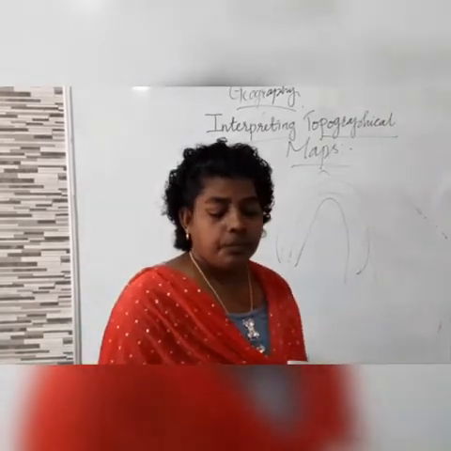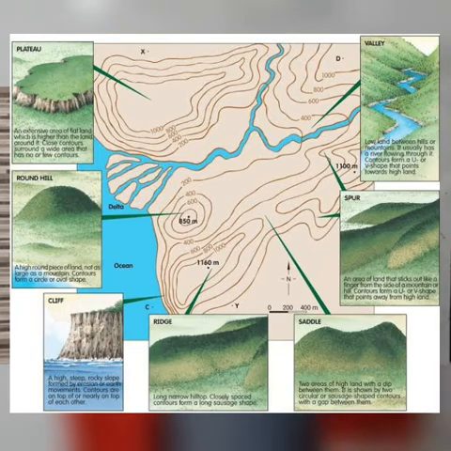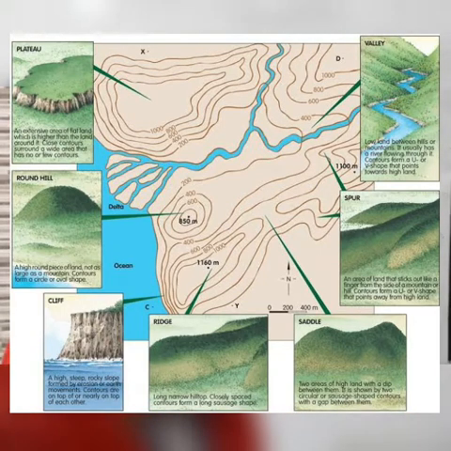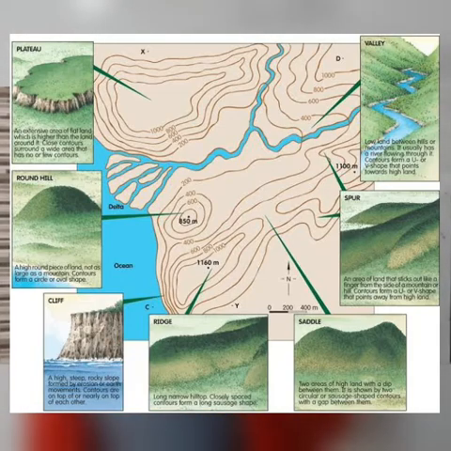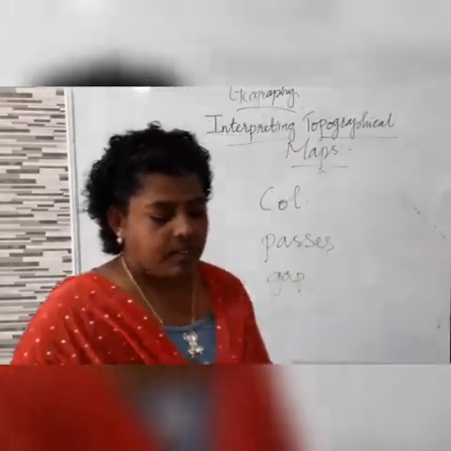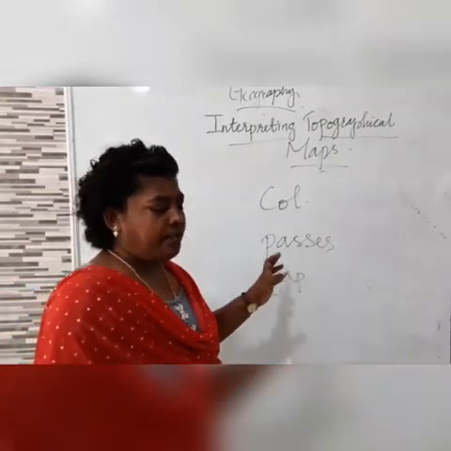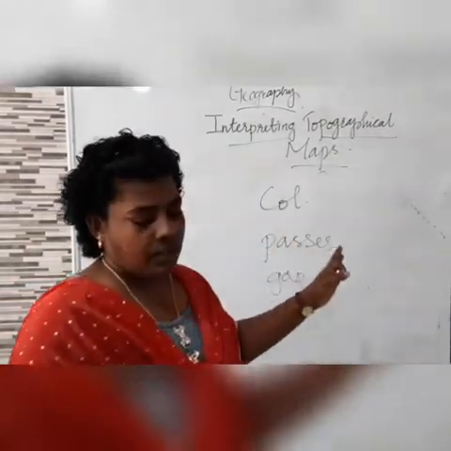Did you understand? Another thing we are going to see is col and gap. You are going to see col, pass or passes, and gap. What is a col? A col is formed when the land has been cut considerably between two streams in a watershed.